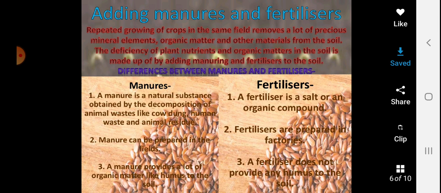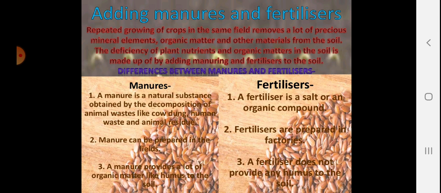A fertilizer is a salt, or you can say a chemical or organic compound. Suppose you need some potassium in your soil, then your fertilizer will be rich only in potassium. If you need nitrogen in your soil, you will buy a fertilizer which is just rich in nitrogen.